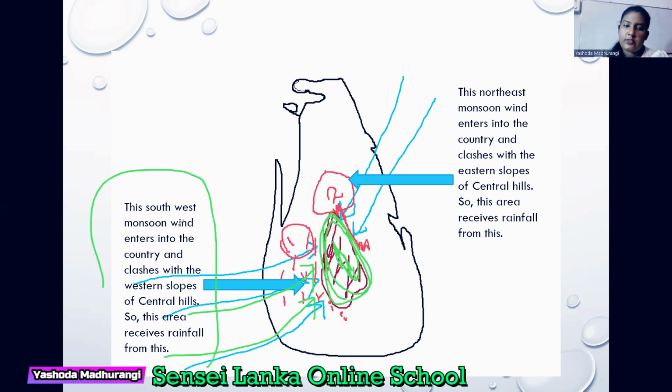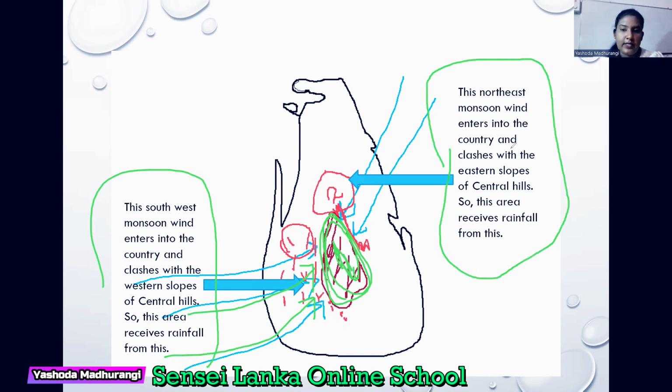This southwest monsoon wind enters into the country and clashes with the western slopes of the Central Hills. So this area receives rainfall from this. Now come to this one. Northeast monsoon wind enters into the country and clashes with the eastern slopes of the Central Hills. This is the eastern slope. So this area receives rainfall from it.